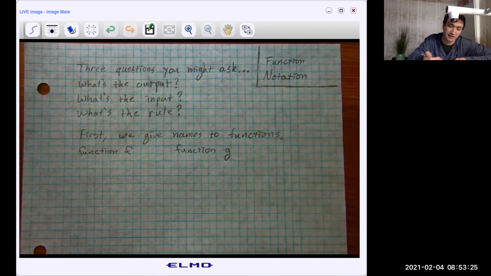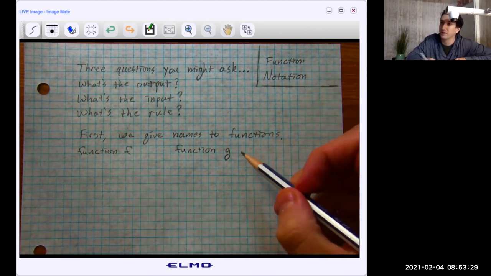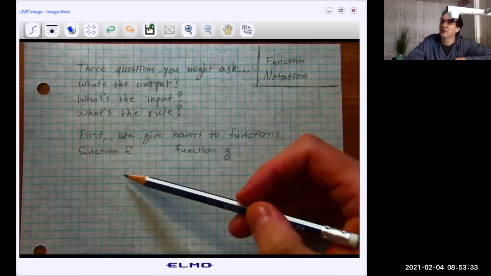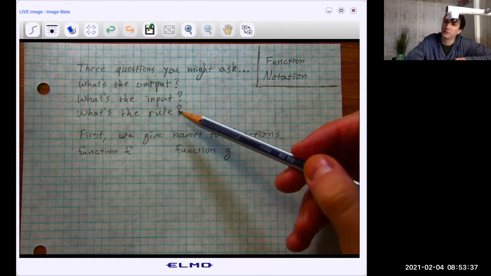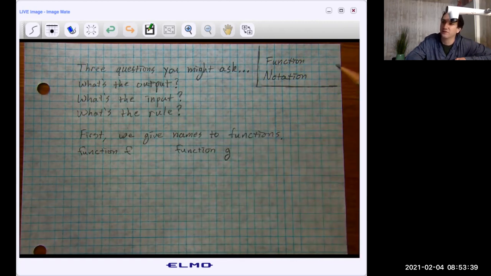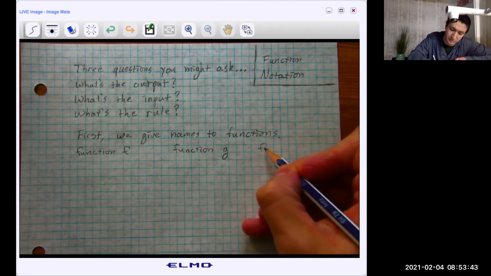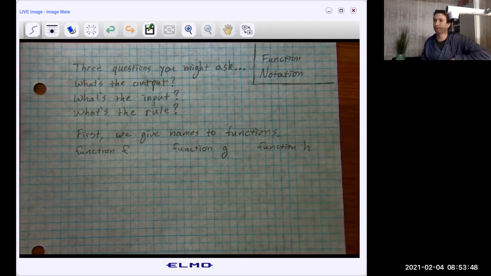What that means is there's some machine, and we're just going to call that machine f, or call it g. And we could ask these three things: what's the output of f? What's the input to f? What's the rule of f? So instead of saying function every time, we could just say f, or g, or h too. We could say function h. That's just referring to the machine, to whatever's causing all this stuff to happen.